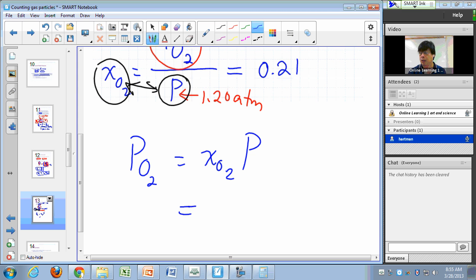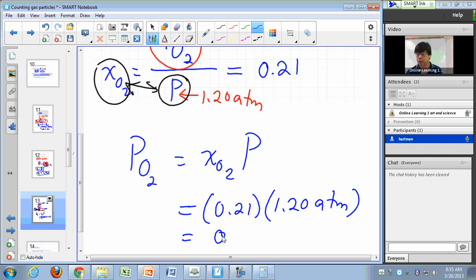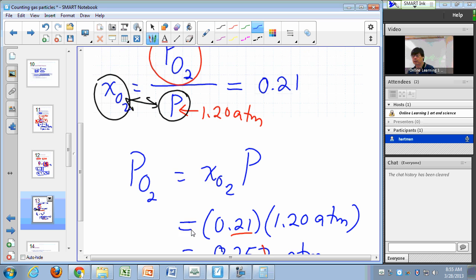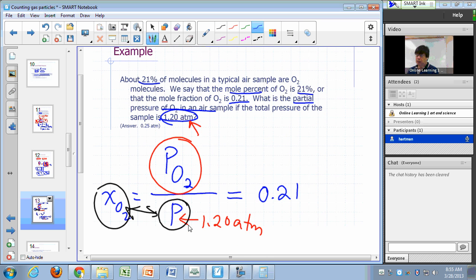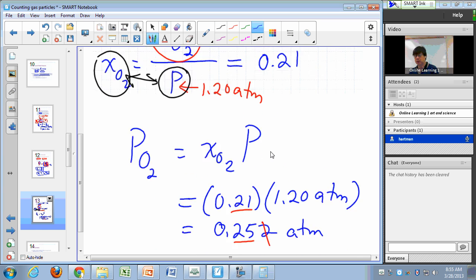So this gives me 0.21 times the total pressure of 1.20 atmospheres, which is 0.252. I have 2 sig figs, so I should only keep 2 sig figs. I have to drop that one. So it's 0.25 atmospheres. Okay? So if your sample was only 1 atmosphere, then it's going to be 0.21 atmosphere of oxygen.